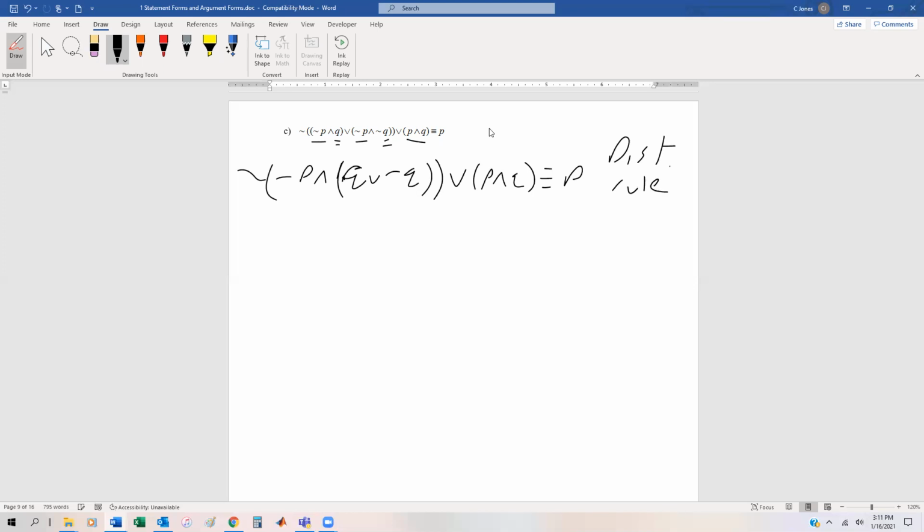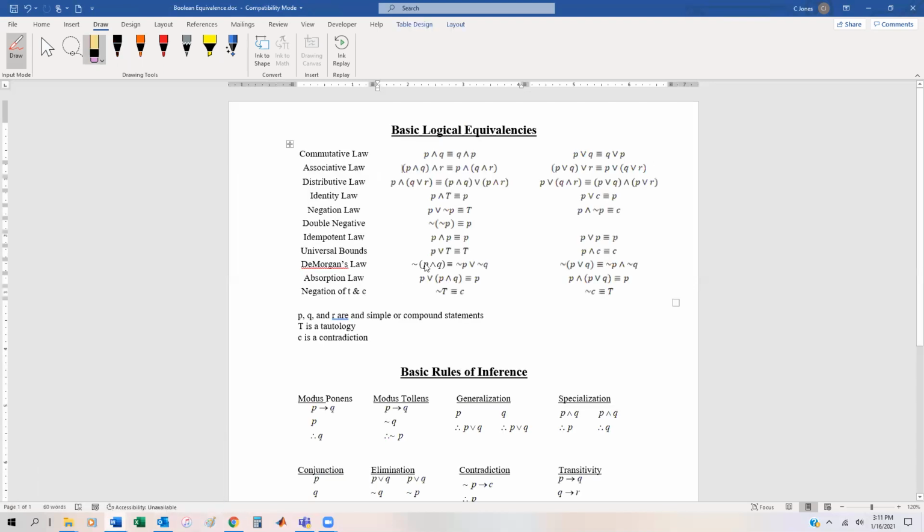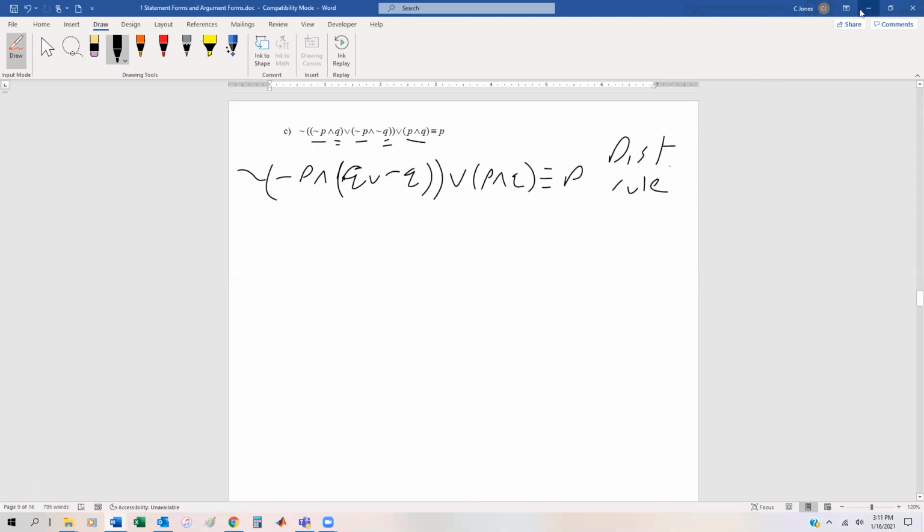Our distributive rule. We already saw that Q or not Q is a tautology, right? So, in this case, P or not P right here. All right, so we have a tautology, so that's helpful. So we're going to say not quantity, not P and tautology, or P and Q is equal to P, all right?